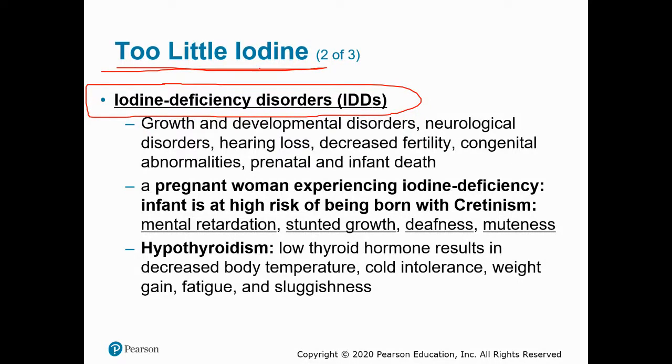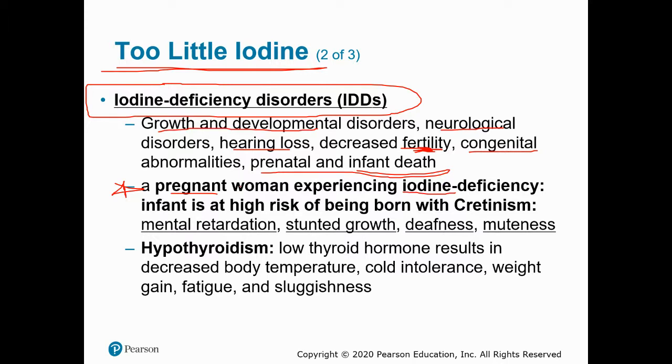Body systems that will be affected here would be growth and development, neurological, hearing, and fertility especially. We could potentially see congenital abnormalities as well as prenatal and infant death. Here specifically we're looking at what happens when a pregnant person is iodine deficient.